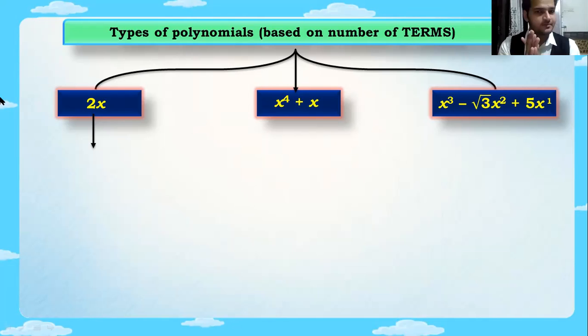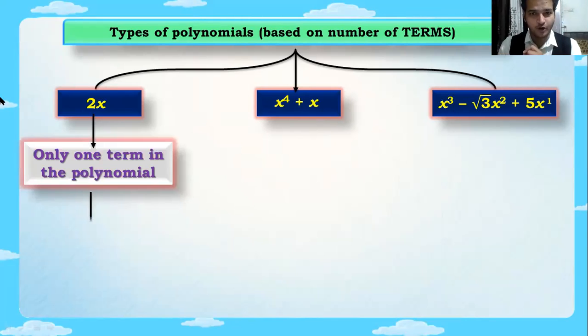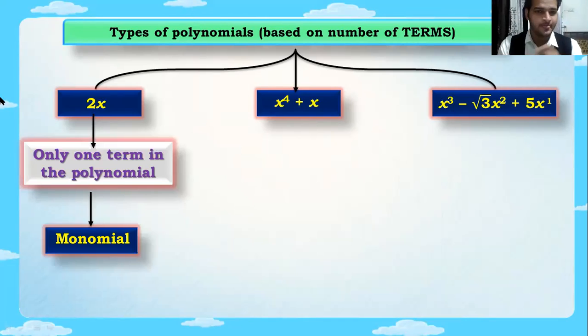A part of the polynomial separated by a plus or a minus sign. Look at the first part. 2x. 2x is taken as one single term. So when you have only one term with you, then that polynomial will be called as monomial. I'll repeat. Whenever you have one single term, then that polynomial is called as monomial.